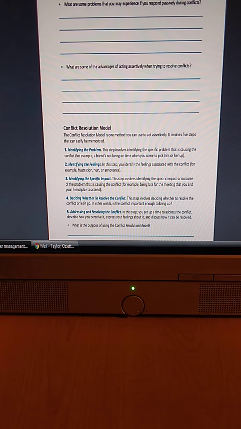What are some of the advantages of acting assertively when trying to resolve the conflict? Well, you're standing up for yourself. You're communicating in a way that is respectful to the next person, but also you're getting your needs met. Hopefully, the other person is also getting their needs met, because basically we are human beings with an array of needs.